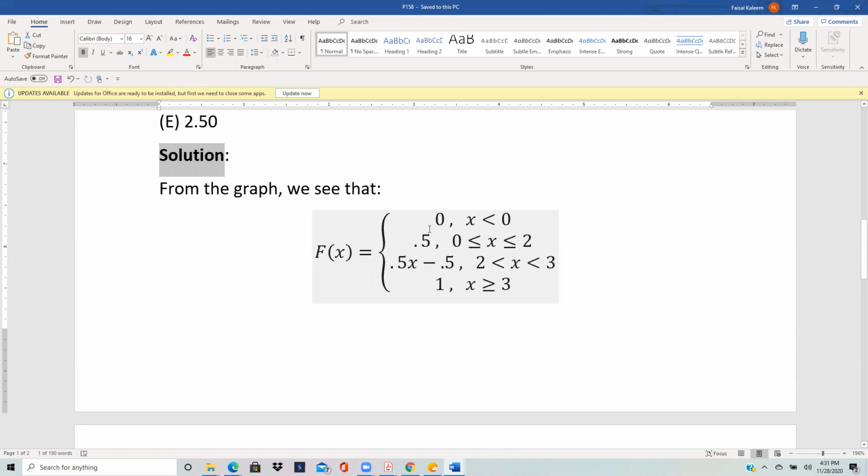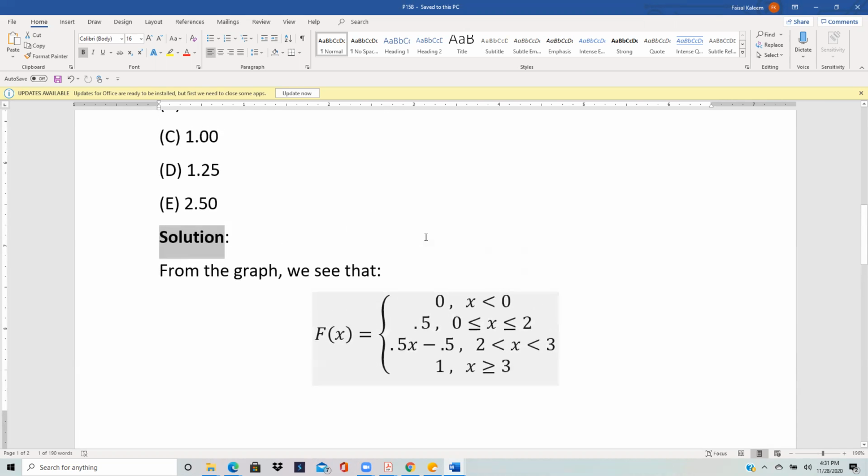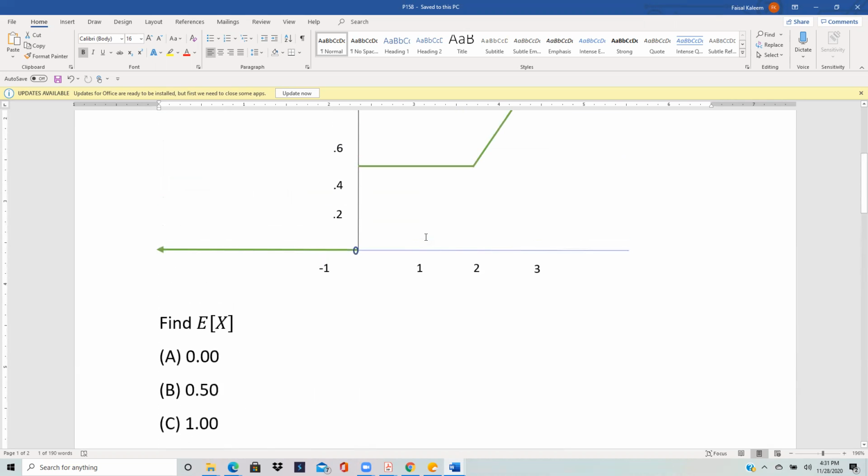So what this is saying is that as long as x is negative, the cumulative probability is 0. And suddenly, when x is equal to 0, the cumulative probability jumps to 0.5, which we can see from the graph also. So it means that the little f of 0 is actually 0.5.